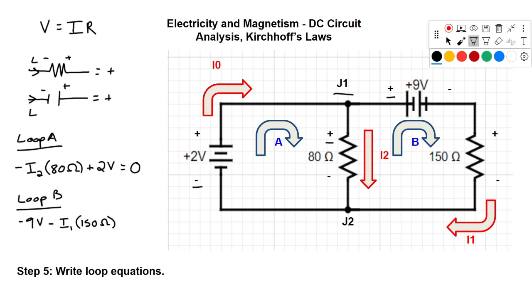We continue clockwise, we'll hit junction 2, and then the last thing we'll hit is that 80 ohm resistor that both loop 1 and loop 2 share. And again, we're hitting the negative terminal of that resistor first, and then the positive, so this one is actually a positive. The current is I2, and the resistance is 80 ohms. And now we're back to J1, so we could say that the sum there equals 0.